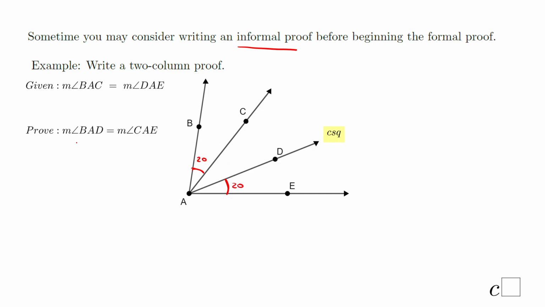And then we need to prove that measure of angle BAD, which is this one, BAD. Let me change the color. These blue two arcs, this angle, and CAE, which is this angle, have the same measure. They are congruent, right? And if you take a look, we have this middle guy here.